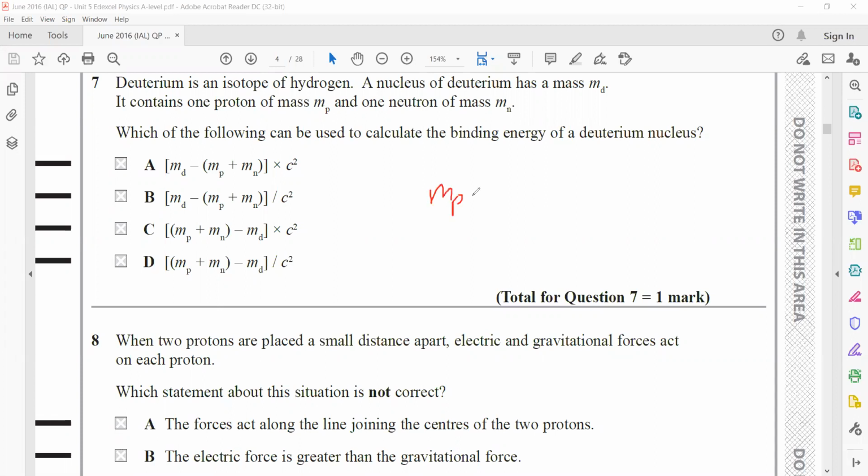So mass of proton plus mass of neutron individually, minus the mass of the nucleus, which is Md, will give us the mass defect, and that should be multiplied by speed of light square to get the energy, using E equals mc square. So C is the right answer.